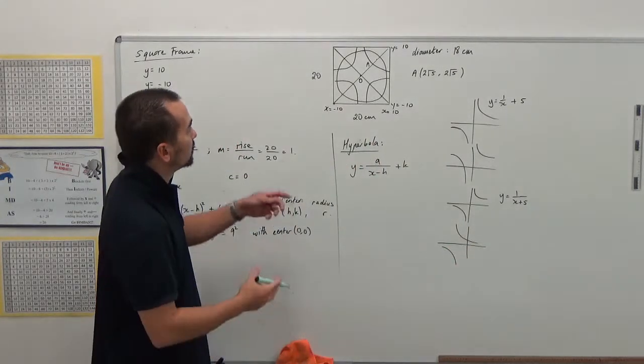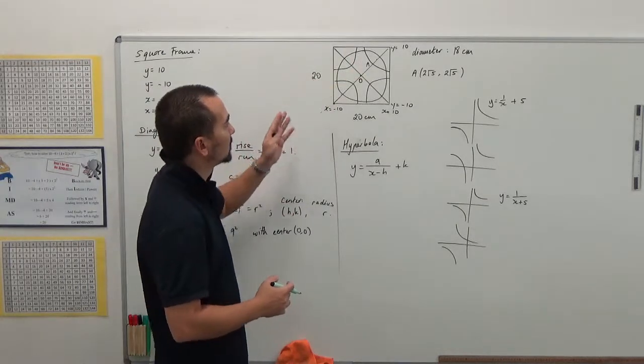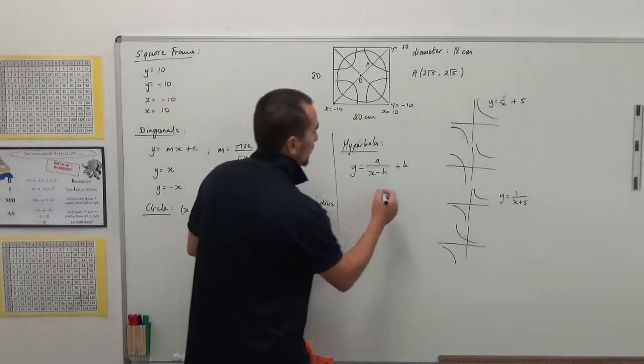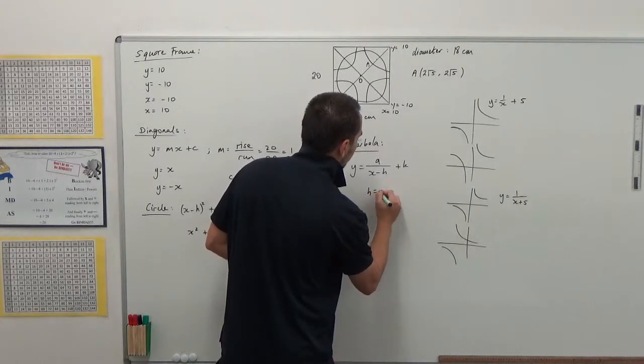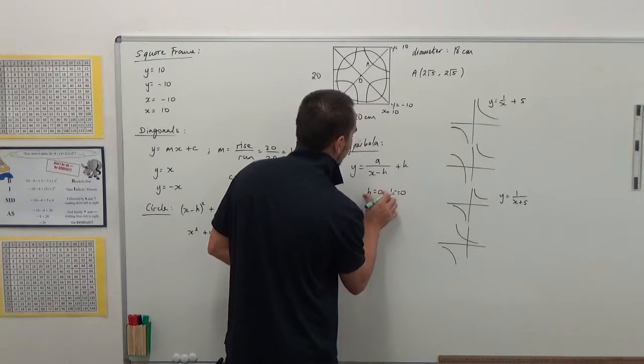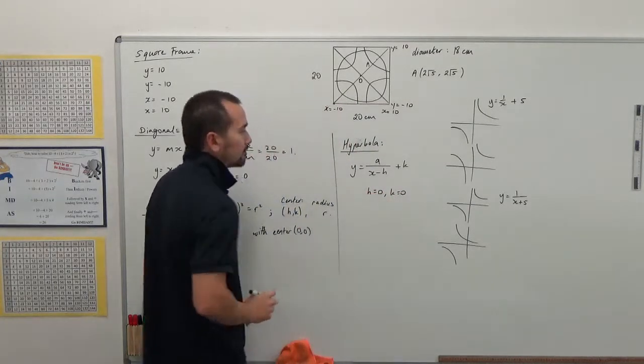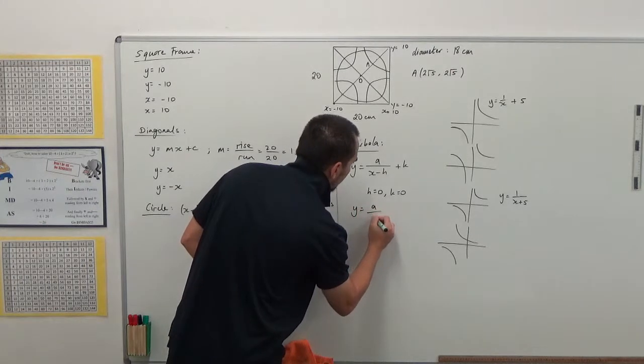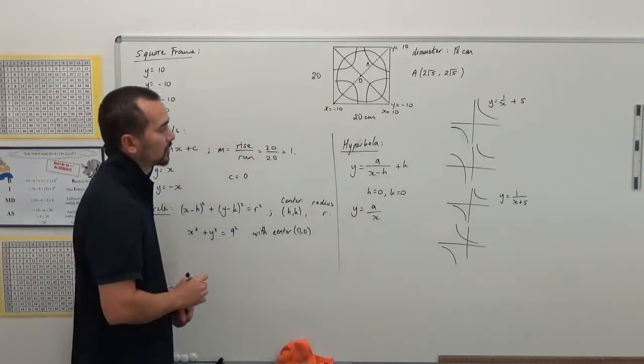Okay? And because the tile is completely symmetrical, and it says that in the question, we know that h is equal to 0 and k is equal to 0. Which leaves us with the value a, which we're still unaware of.